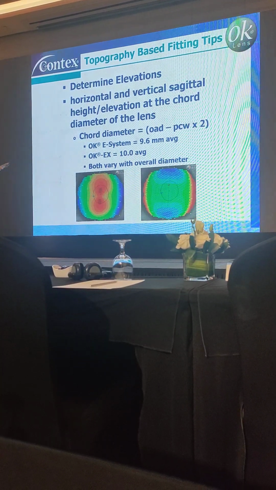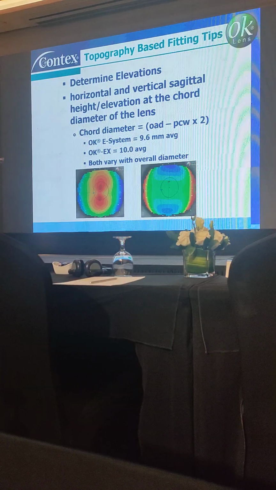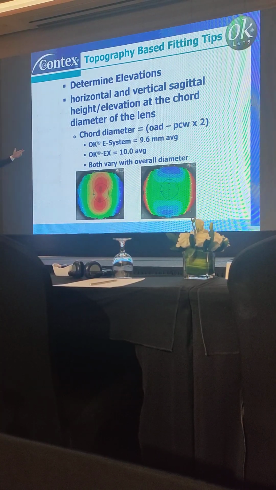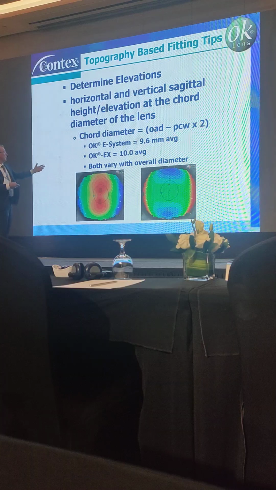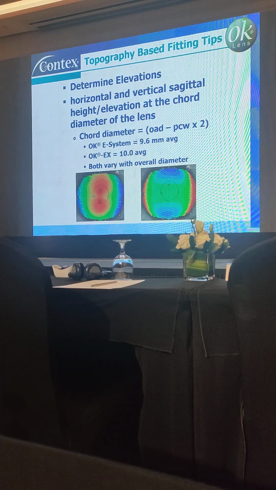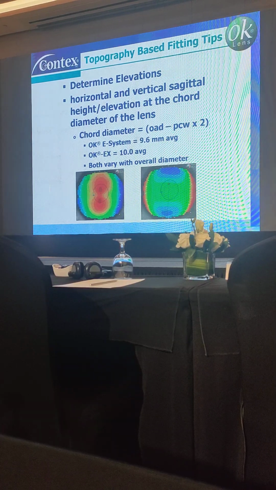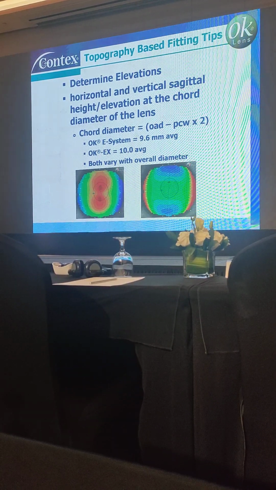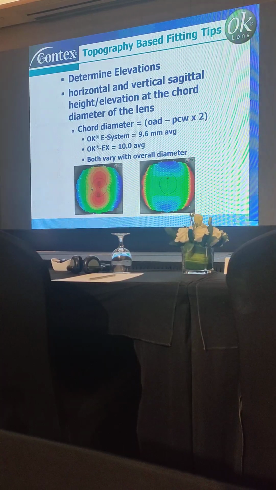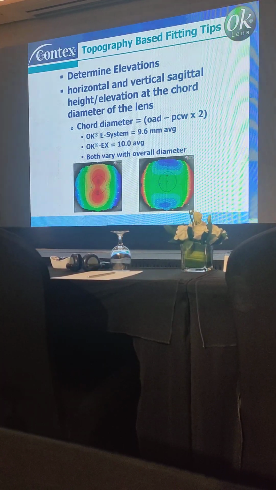So once you figure out those elevations, you grab that chord diameter. I'm showing you for the E system, with a 10.6 diameter you're going to have a 9.6 chord, so you need a 4.8 millimeter elevation to fit it custom, scientifically, mathematically.